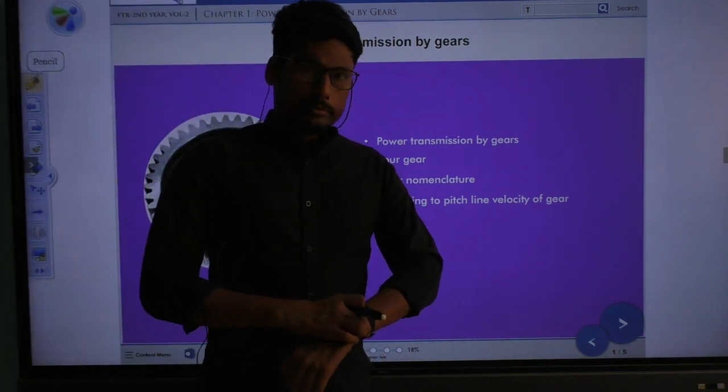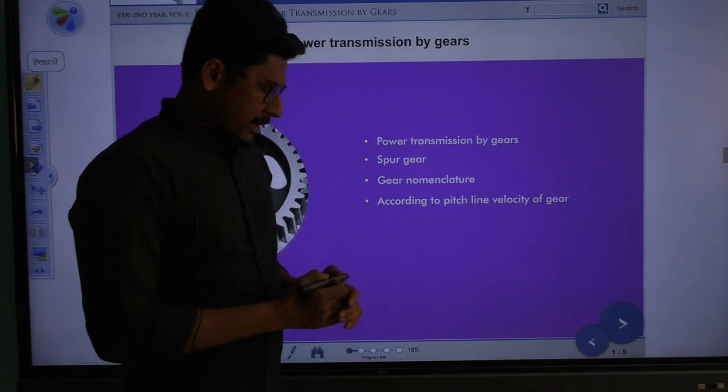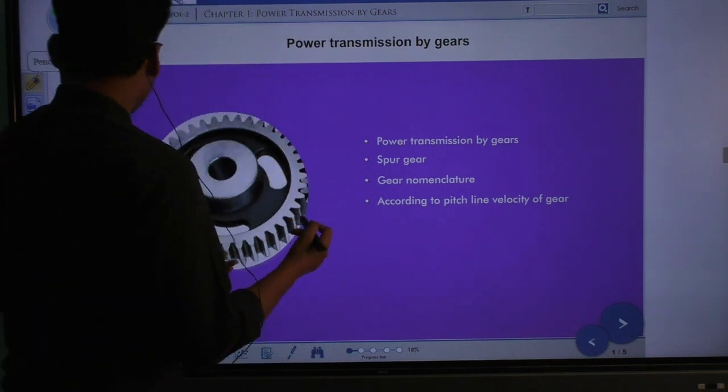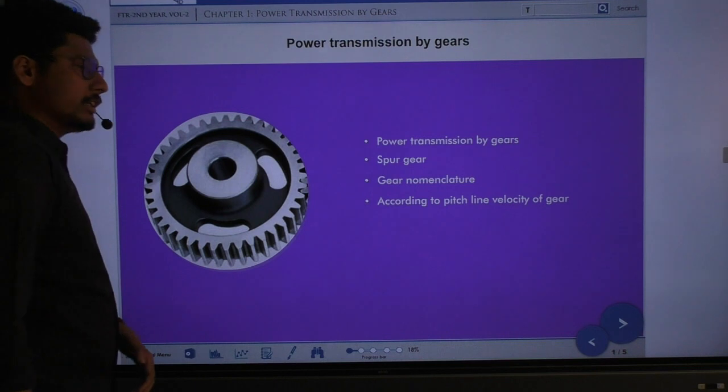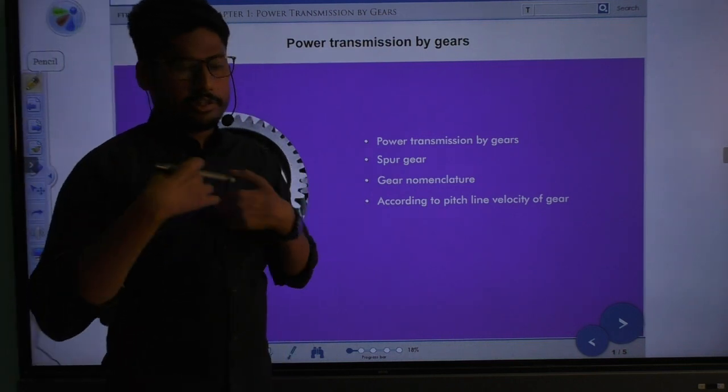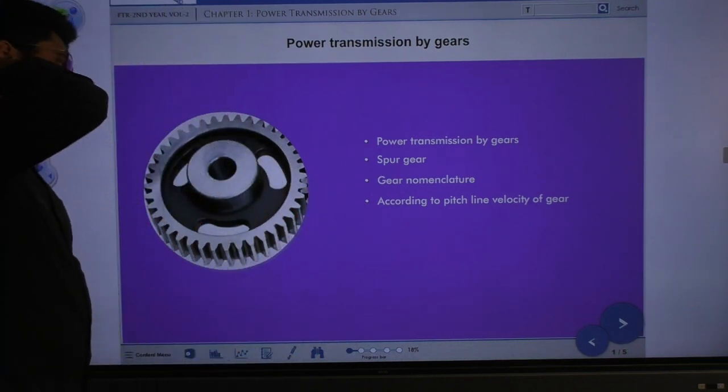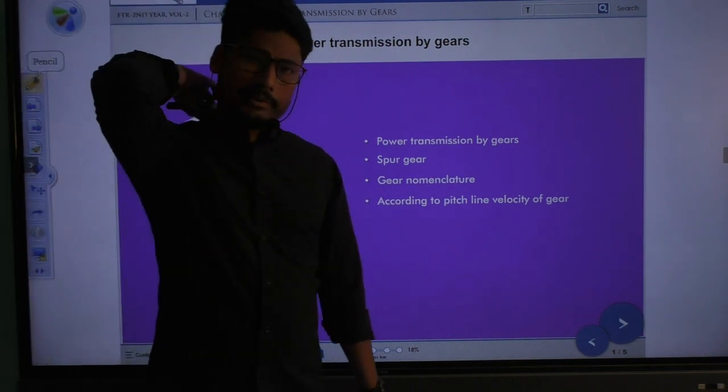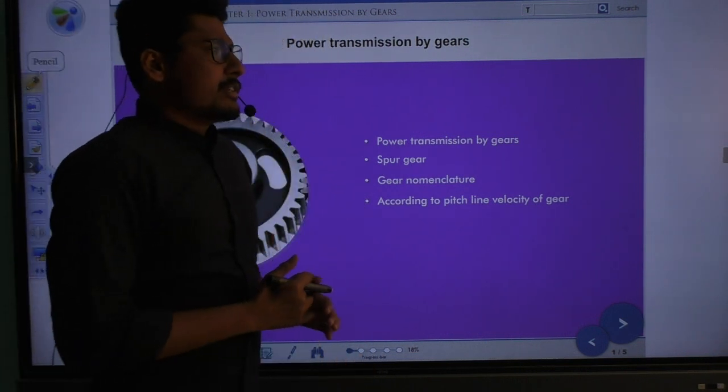Before going to the discussion, I want to tell you what the learning objectives of this topic are.